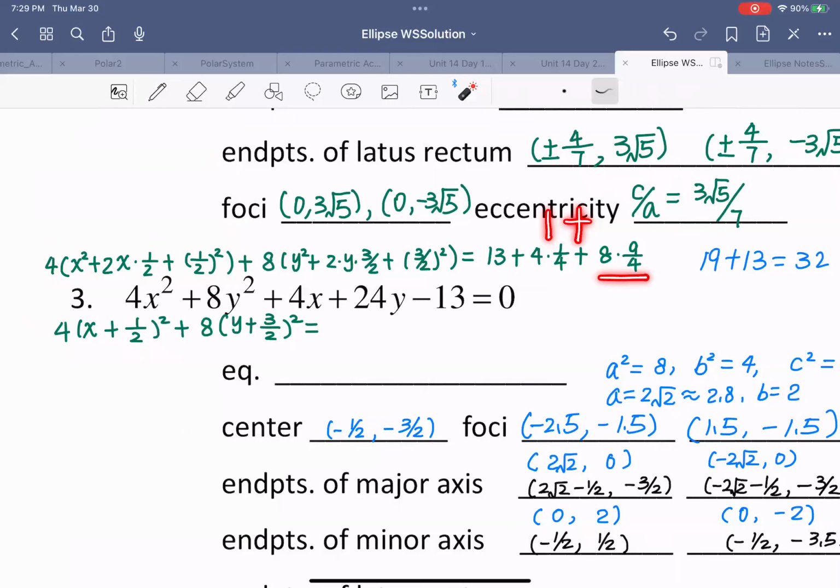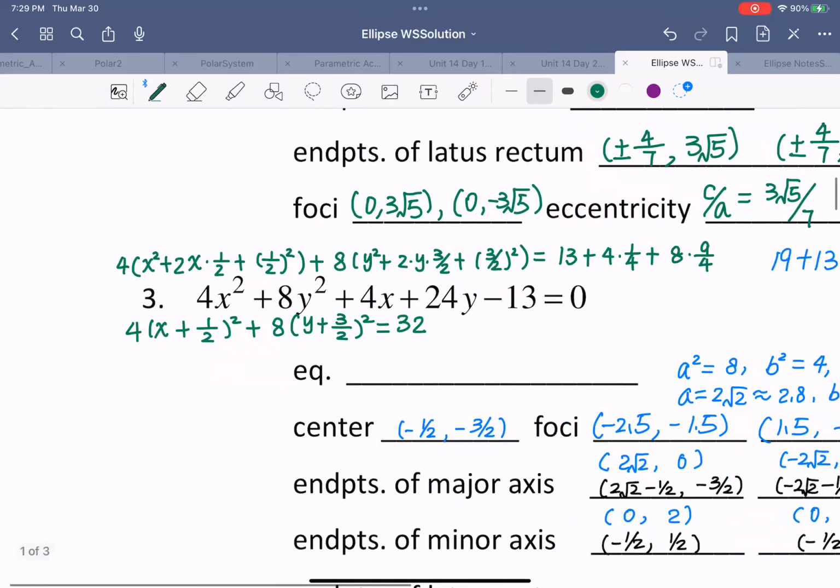How much is this? 18. So this is 19, right? 19 plus 13 gives you how much? 32, correct? And then you divide by 32. Go. Next step, you do it.